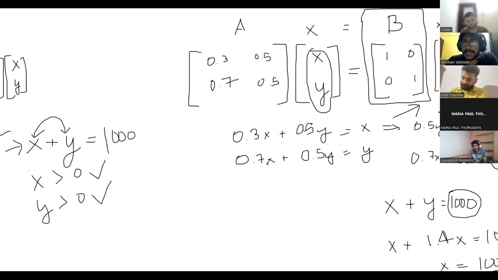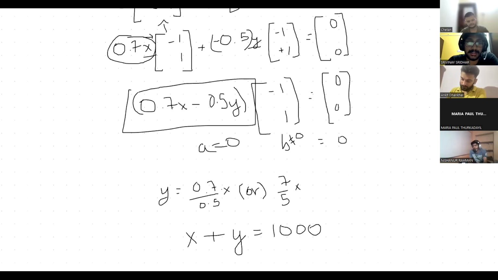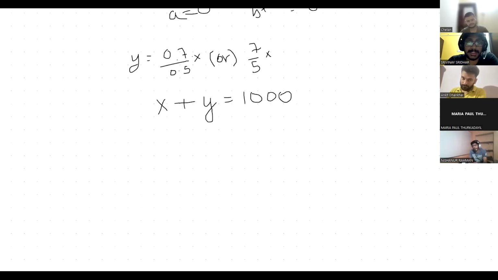We can maybe try that. Intuitively, that should also work. When we plugged it here, we got x is equal to 416 point something, and y is equal to 583. In a sense, it should be 584 if you want to round off.